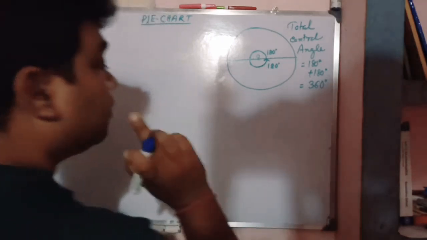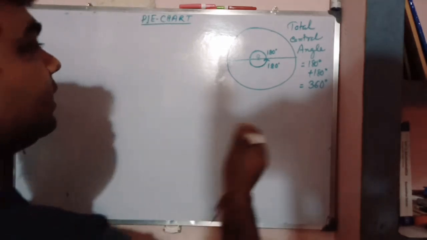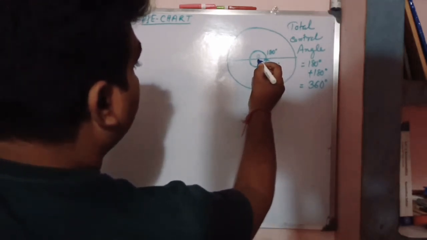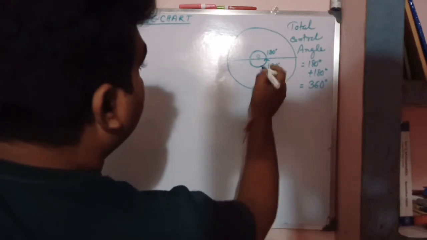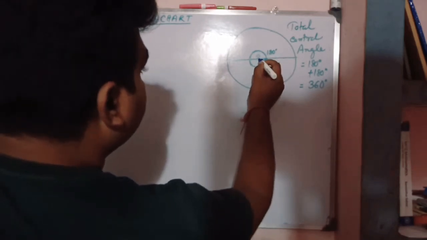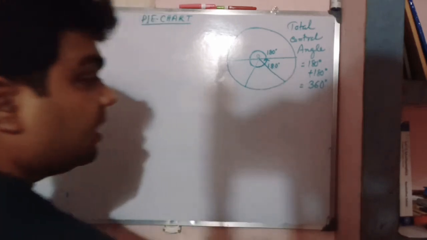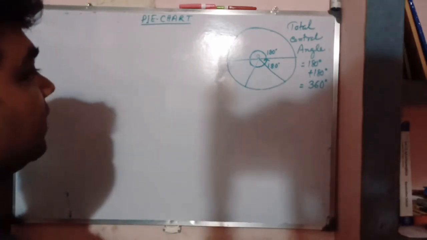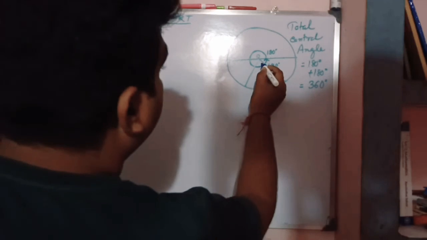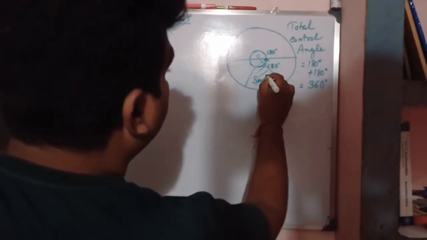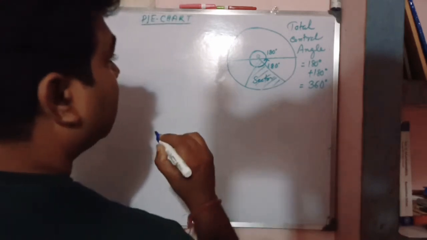One thing you also have to remember is the sector of a circle. So I am drawing this. If we join this to the radius of the circle, then this portion is called a sector. You know about that.